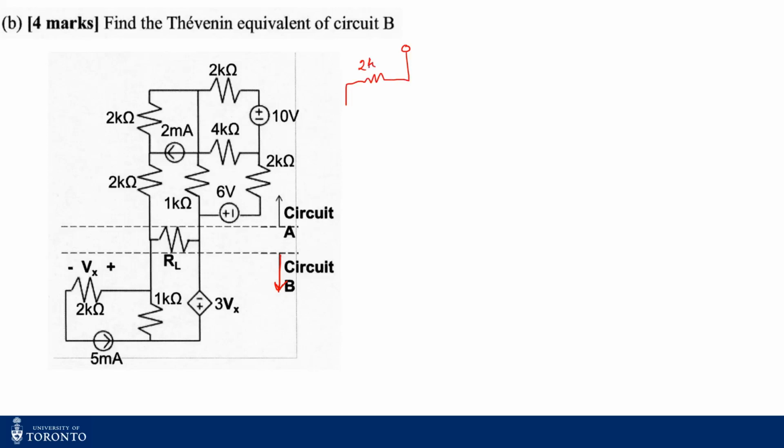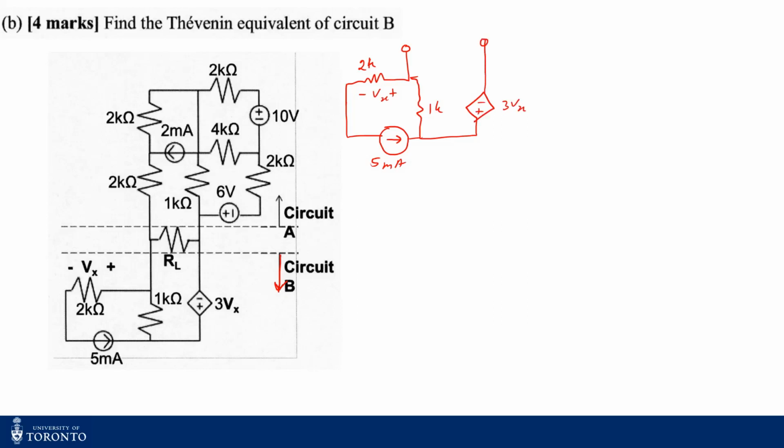So this is 2K, and this is plus Vx, 5 milliamps, 1 kilo ohm, and this one is a voltage dependent voltage source, 3Vx. So that's my circuit.